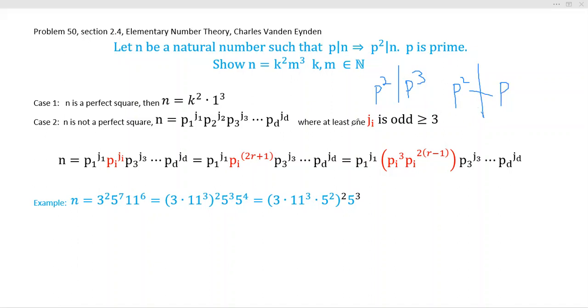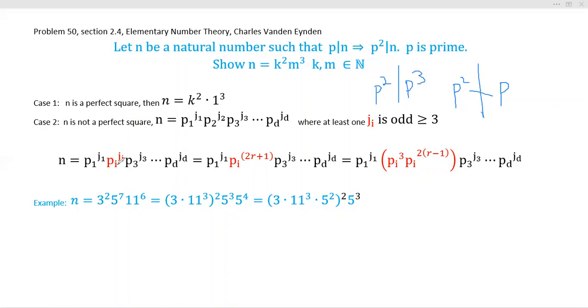Now, at least 1. It could be multiple, and the result down here will prove that, but this is the case if at least one of the j's is odd, greater than or equal to 3. I positioned it right here, did it in red so we could all follow it.